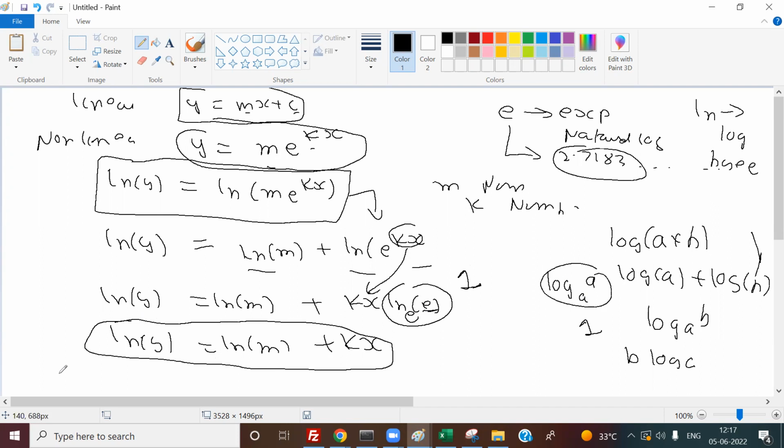क्या ये अब लीनियर हो गया है? देखो जरा कंपेयर करो. Compare this equation, equation number 2 with equation number 1. So can you notice mx is mapped to your kx and c is mapped to your ln m. If m is a number, then ln m is also a number.